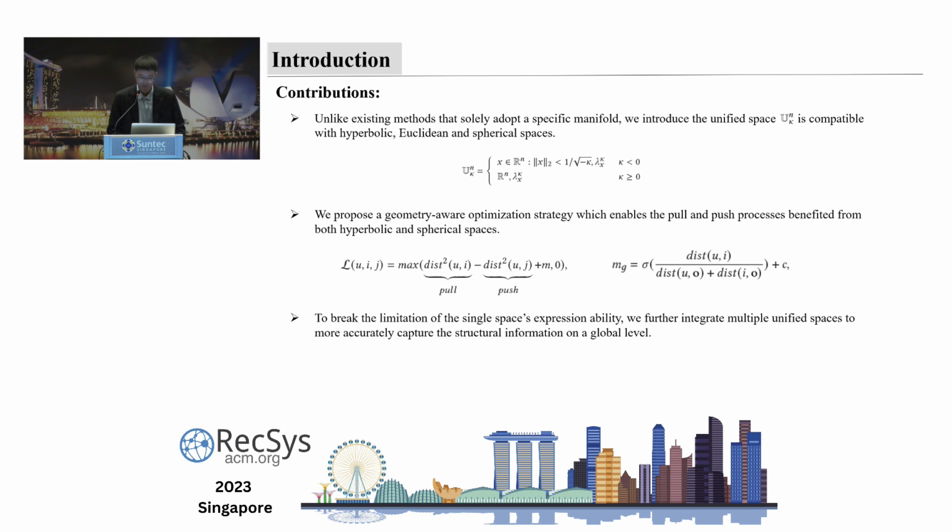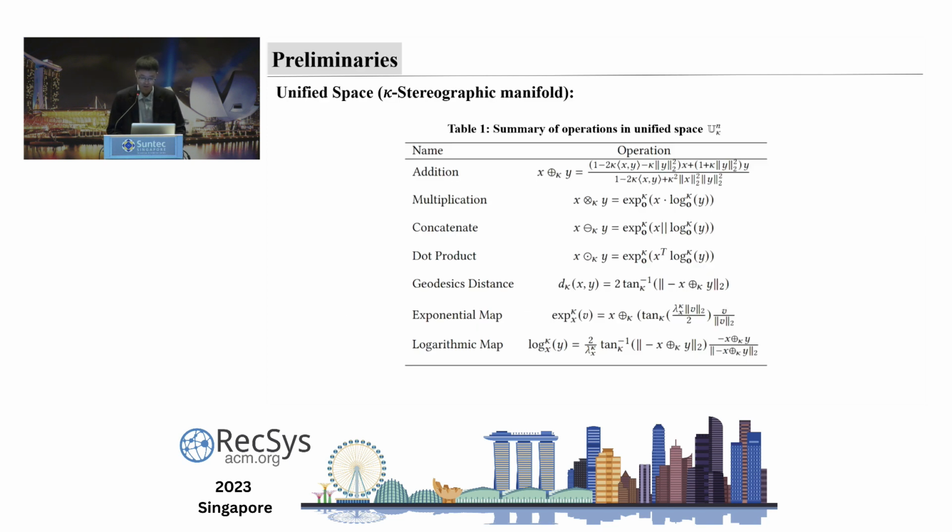Third, to break the limitation of the single space expression ability, we further integrate multiple unified spaces to more accurately capture the structural information on a global level. You can refer to this page, where the preliminary knowledge introduces some basic operations from the joint space.